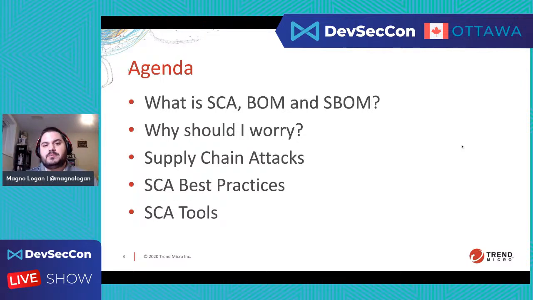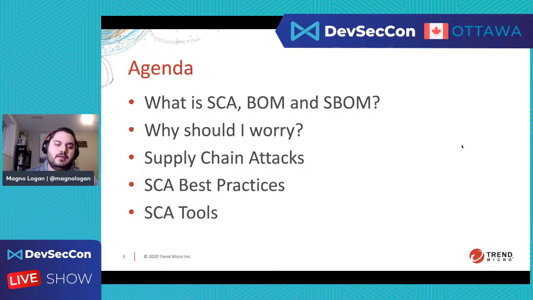Then talking a little bit about some software composition analysis best practices, and I'm going to mention that throughout the presentation, not just best practices for when you're using the tool, when you're using a solution or a product out there or an open source software composition analysis tool, but also when you're looking for one, if you're doing trials and POCs, what you should pay attention to.